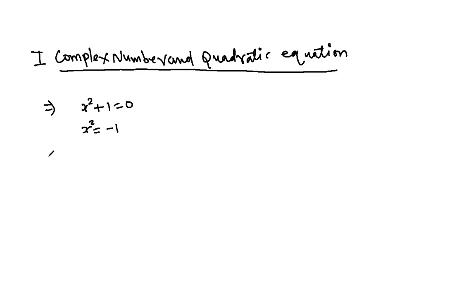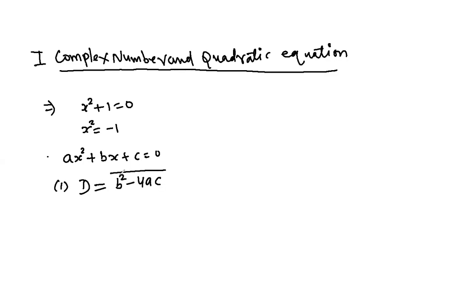Or in other terms, let's say we have a quadratic equation like ax square plus bx plus c equals 0. Now, when will the real solution exist for this equation? First, we calculate the discriminant D, which is simply b square minus 4ac.